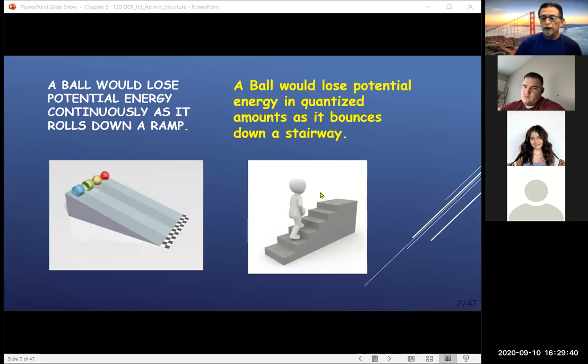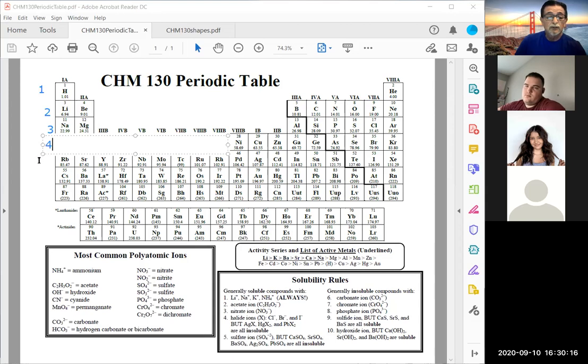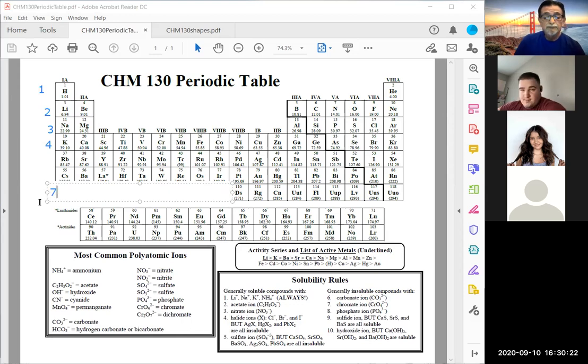Now, I want you to keep that in mind because if I share with you the periodic table that, like I stated, I'll be using quite a bit. If we look at the periodic table at the horizontal rows, 1, 2, 3, 4, etc., all the way down to, I'll stop it here, but you can fill in the rest, 7.